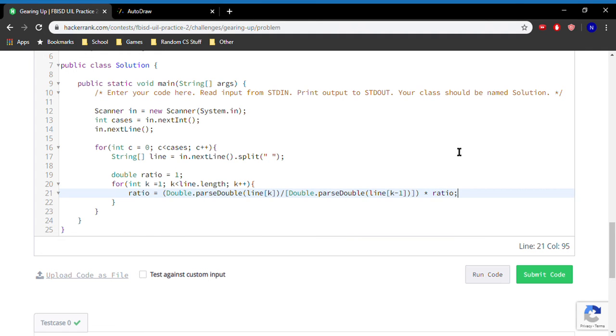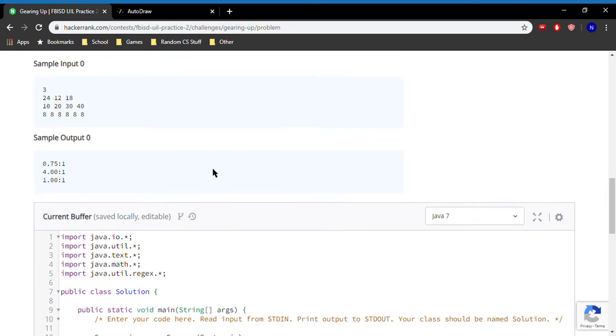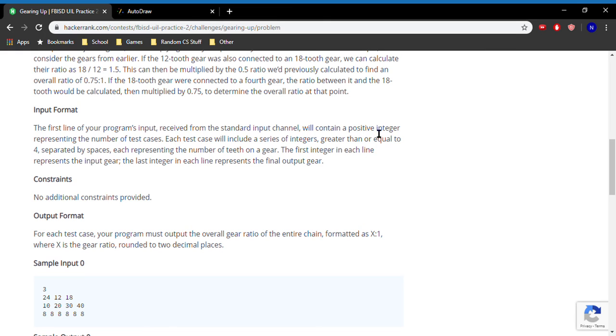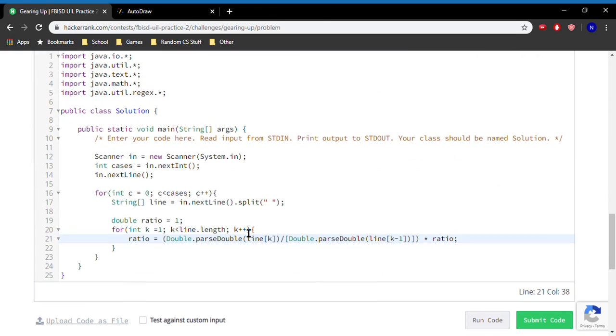If we want to explain this, I use Double.parseDouble because you could do Integer.parseInt, since it does tell us that the chain is integers, but you would just have to remember to typecast the integer to double so that your number doesn't get truncated when you divide.